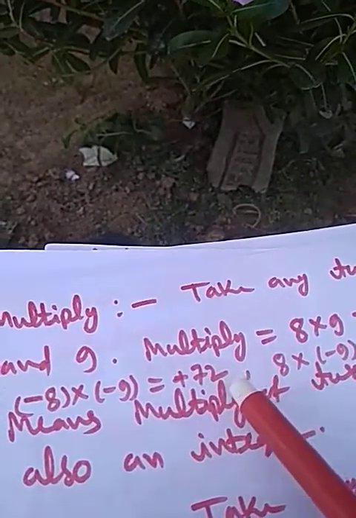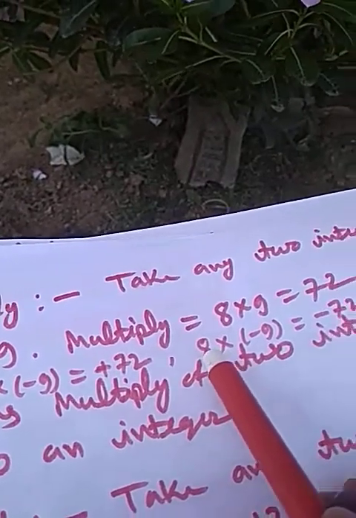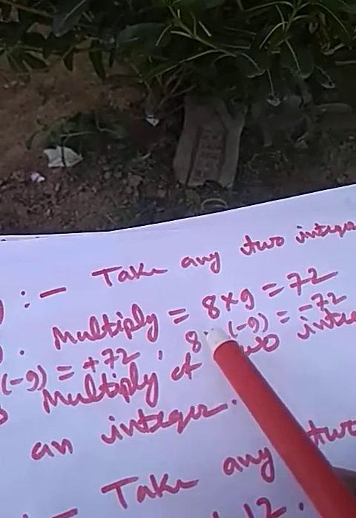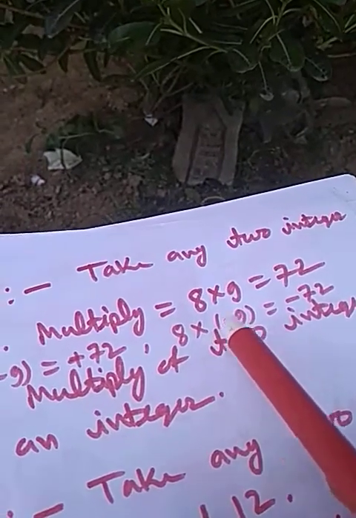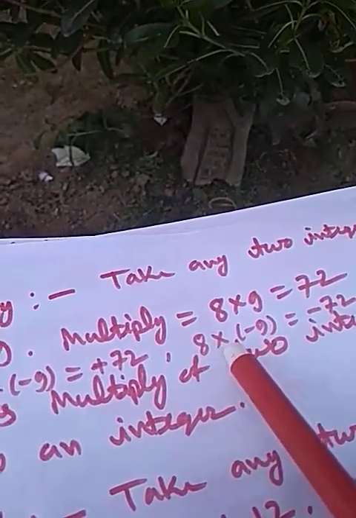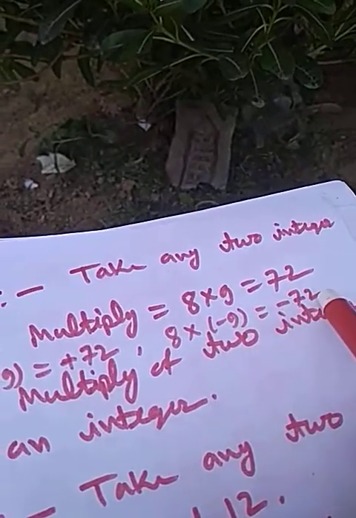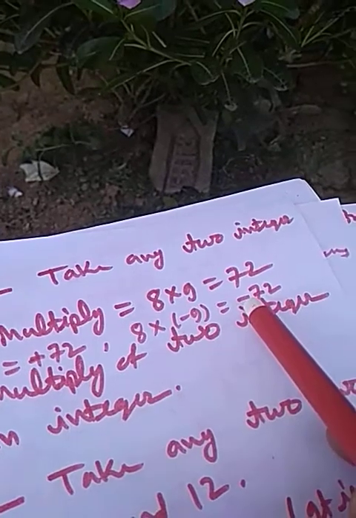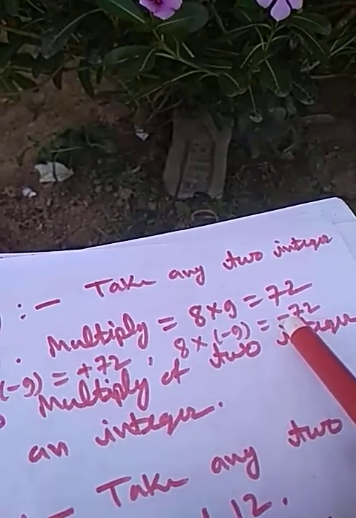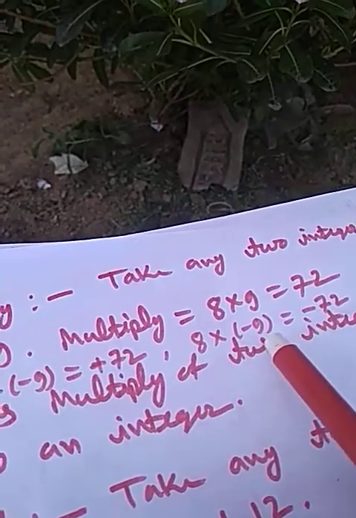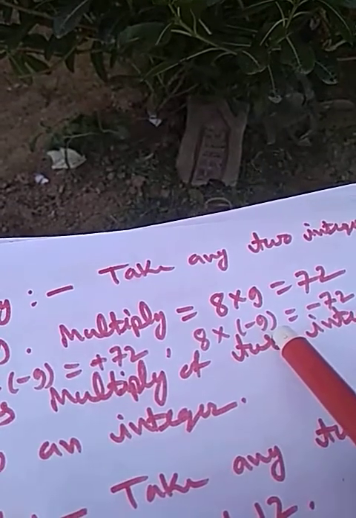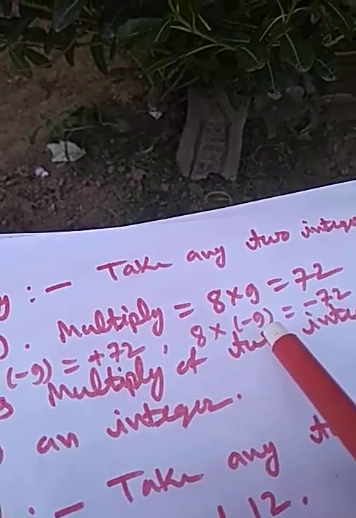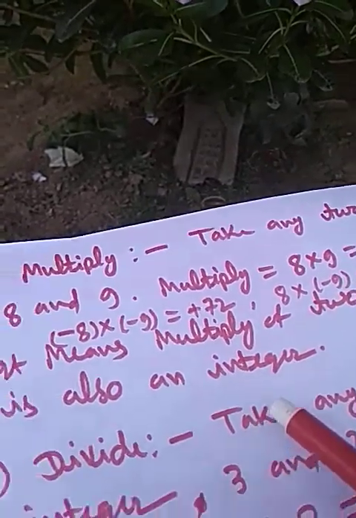Now we shall take 1 positive and 1 negative integer. Here 8 is the positive integer and -9 is the negative integer. We shall multiply it. 8 multiply -9 is equal to -72. Minus 72 is also an integer. It means when we multiply any two integers, either positive or negative, or both positive or both negative, the multiplication of two integers will also be an integer.